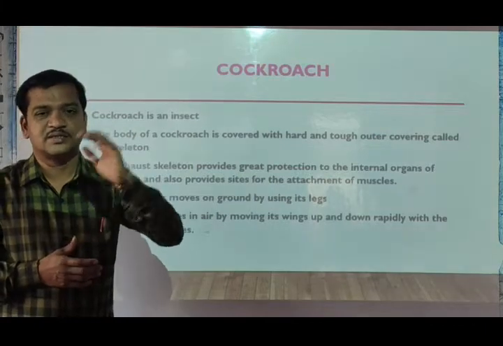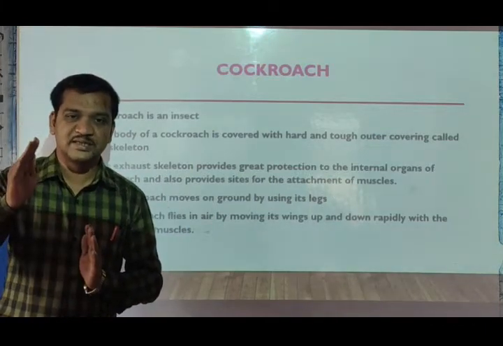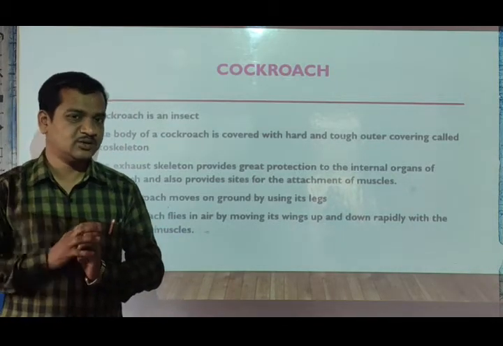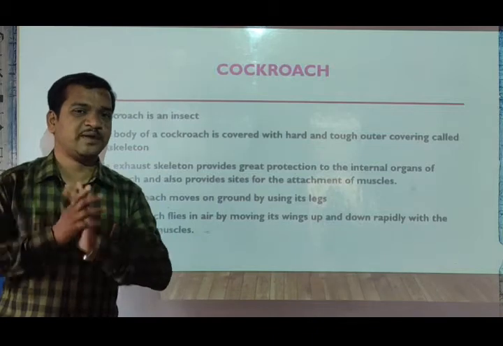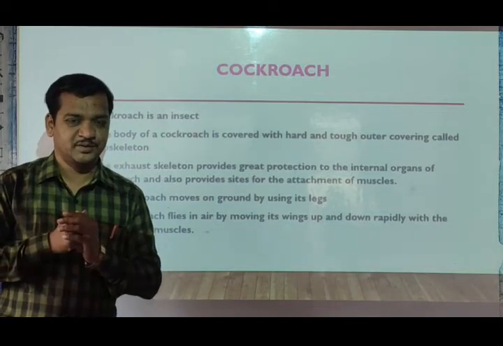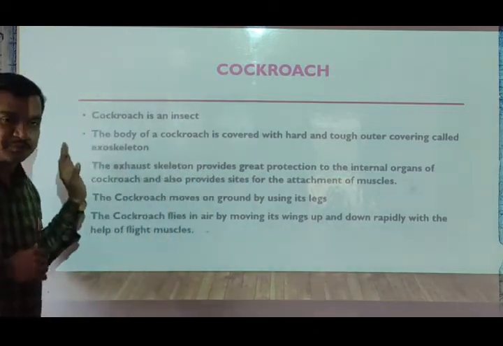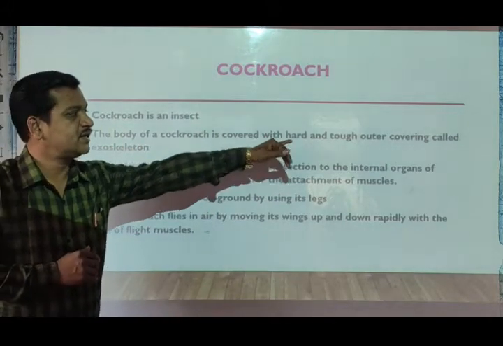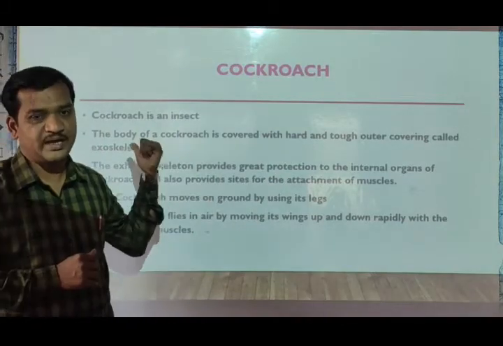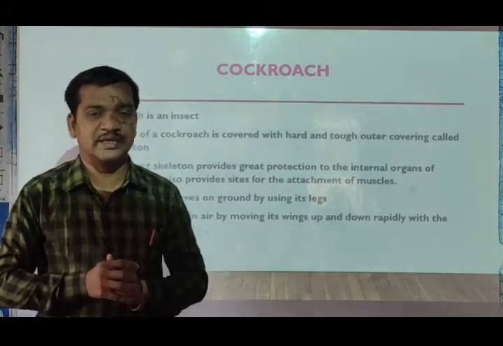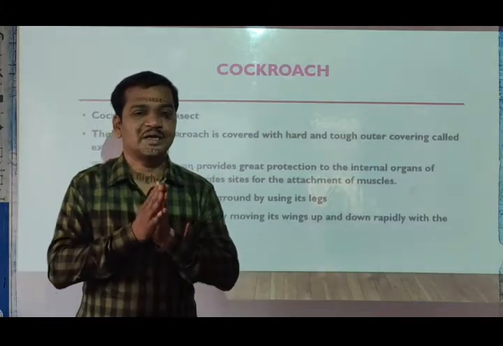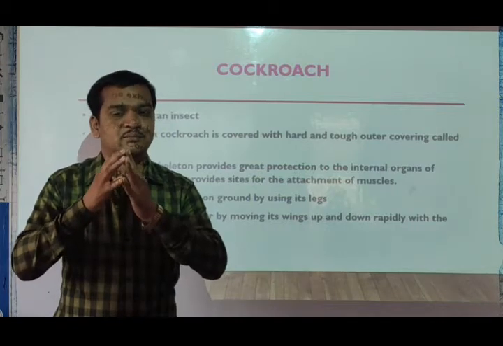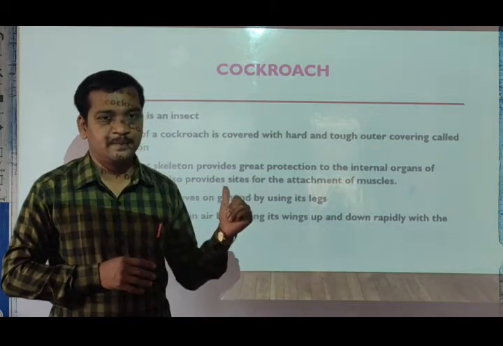Exoskeleton means the skeleton which is present outside the body, and the opposite of exoskeleton is endoskeleton. So the cockroach is covered with a hard and tough outer covering called the exoskeleton, and this exoskeleton protects the internal organs and provides the site for muscle attachment.